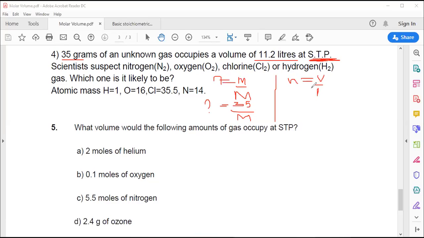My volume is 11,2 liters, so it's going to be 11,2 divided by, at STP, 22,4. When I divide here, I get 0,5 moles.